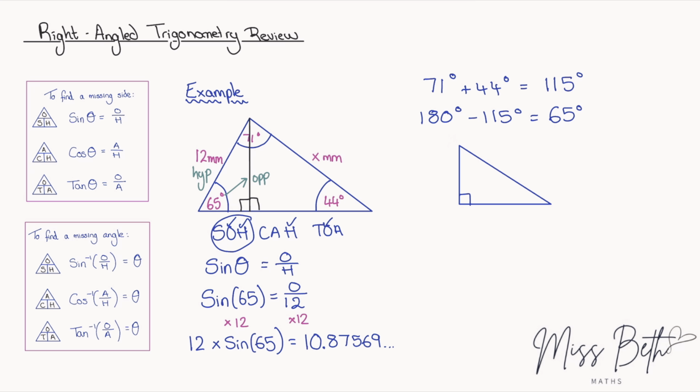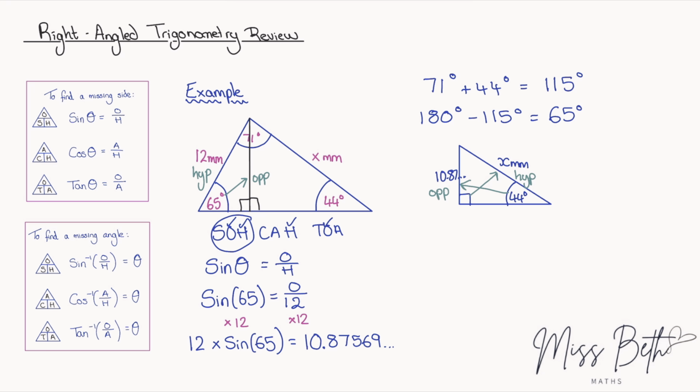So we have our right angle. We've just worked out the opposite to be 10.87569 and so on. I know that this angle down here is 44 degrees and I'm trying to find this x millimeters. Okay, so what sides do I have? Well, I have the opposite and I also have the hypotenuse.